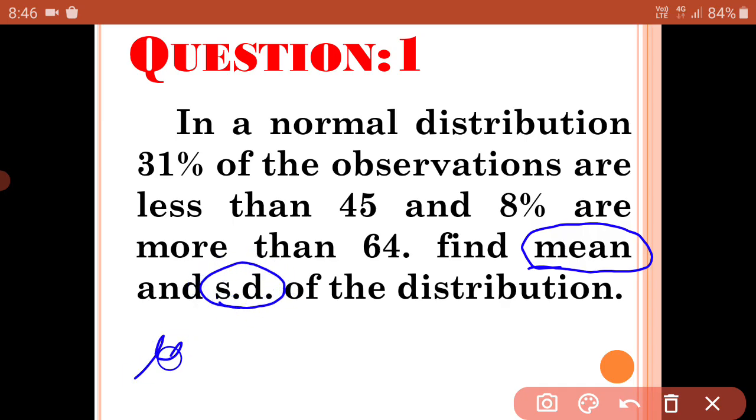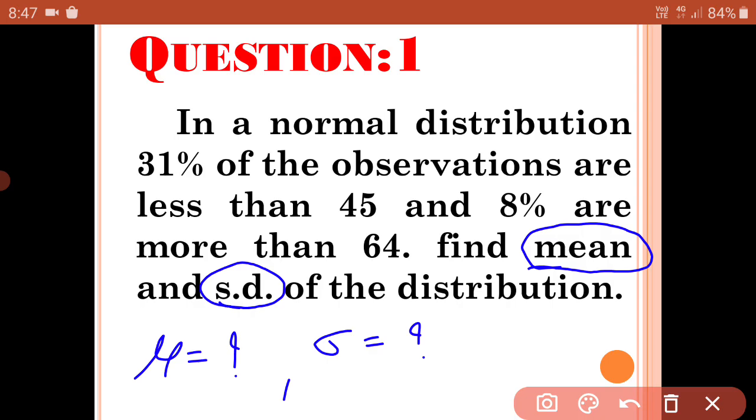Mean is called mu. Standard deviation is called sigma. So here mu and sigma are missing, and we are finding mu and sigma with the help of two equations.